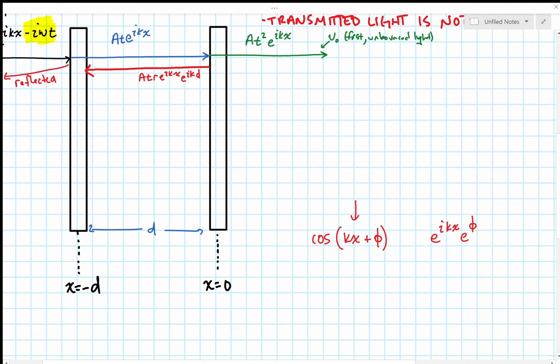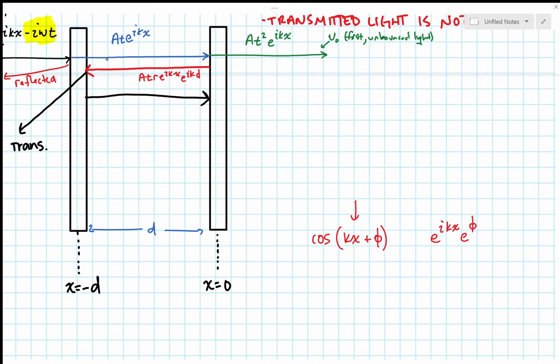This light is actually not that interesting because it's not going to hit our detector. It's going to get bounced again. So we're going to track it for one more bounce, and hopefully we'll see the pattern. It's black now. The light now bounces back. Some of it's going to get transmitted, but that's not interesting to us because it's not going to hit the detector.